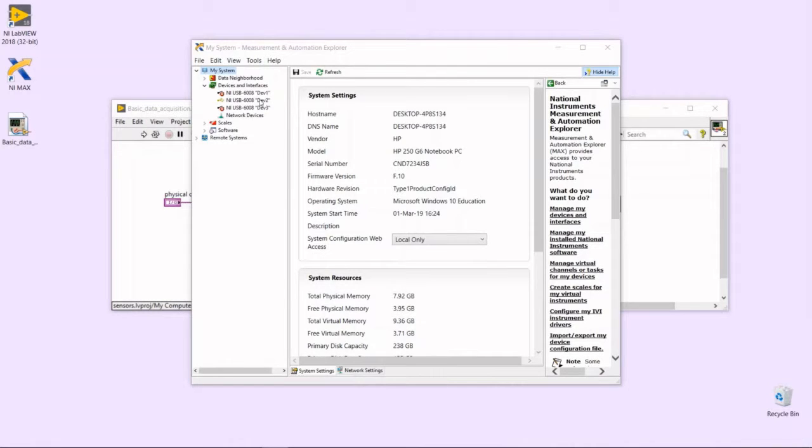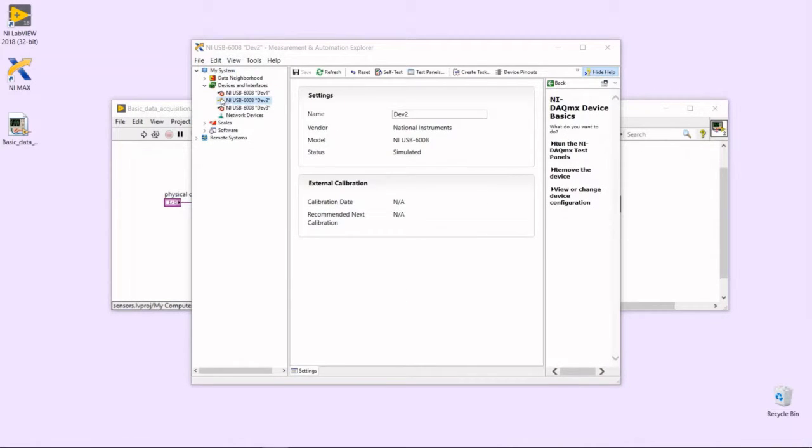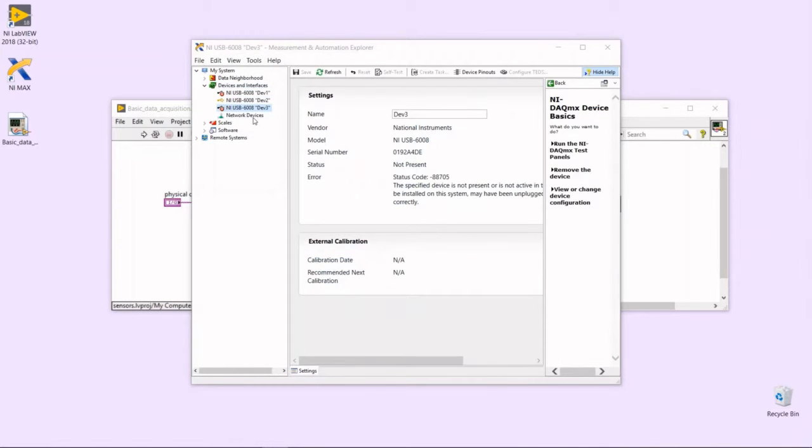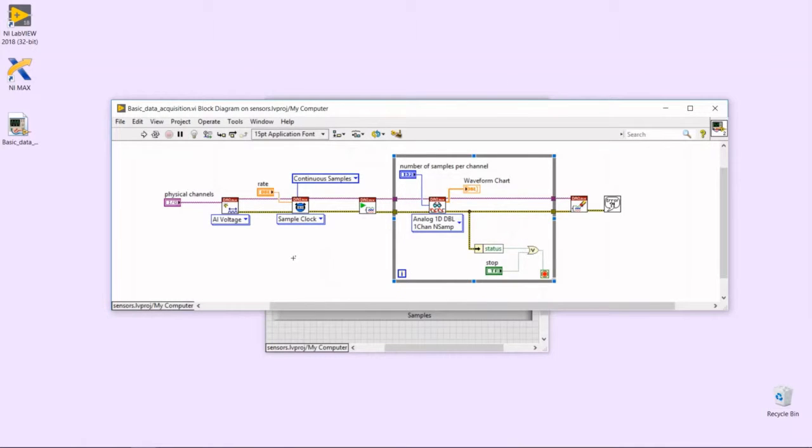So device 2 is simulated because it has a golden USB sign, and device 1 and device 3 are real but not connected AD cards because they have this black USB sign with a red cross on it. When we connect the device, we are going to have only the black USB sign. Okay, I'm going to close MAX and go back to the application.